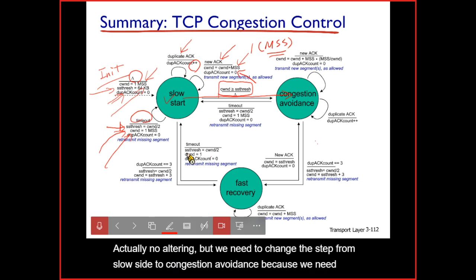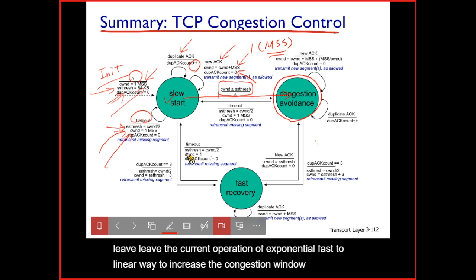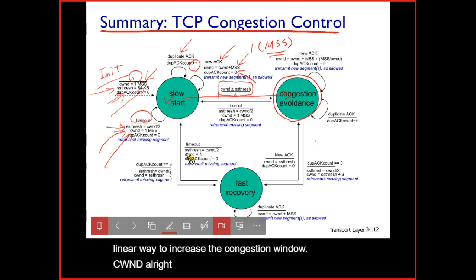If we have this, then we change to congestion avoidance. For congestion avoidance, we have the linear increase. So how do we get linear? This is the way.